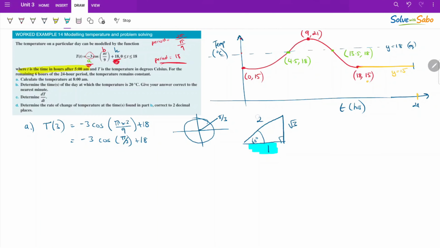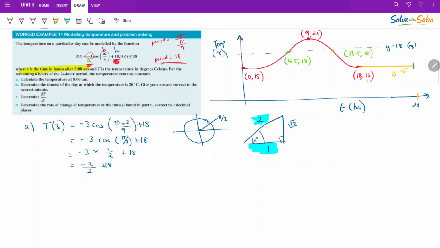Cos is adjacent over hypotenuse, so that means cos of pi on 3 is going to give us positive 1/2. So -3 times positive 1/2 plus 18, which is -3 on 2 plus 18.